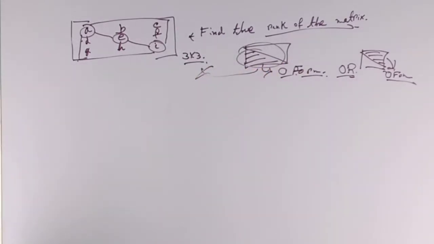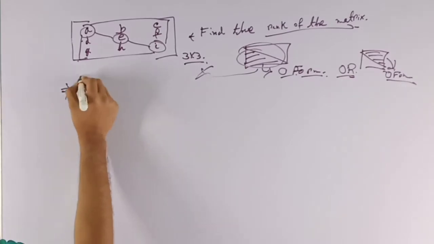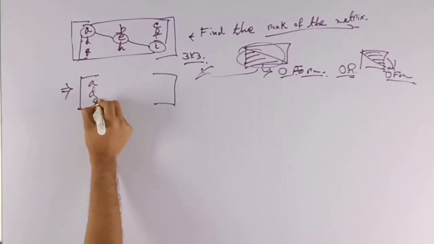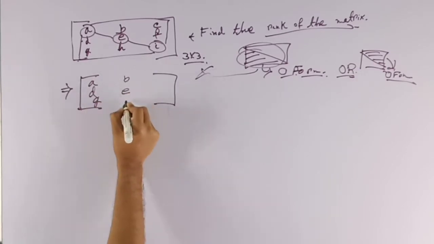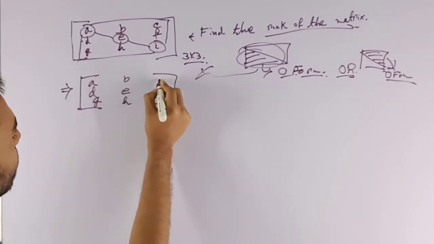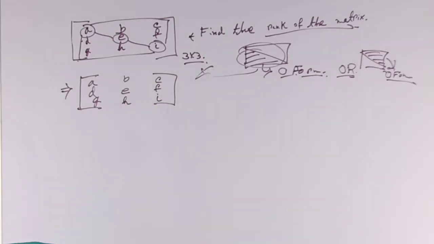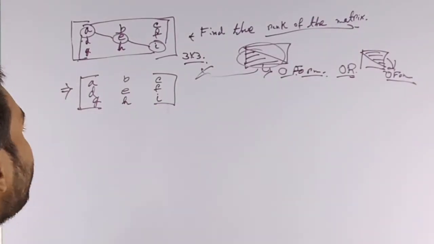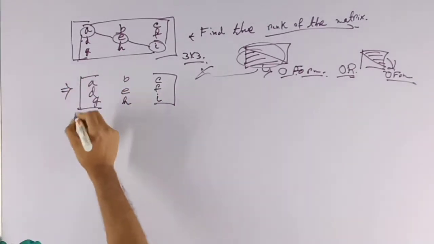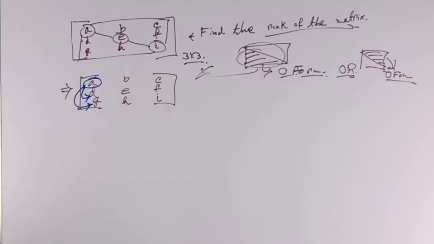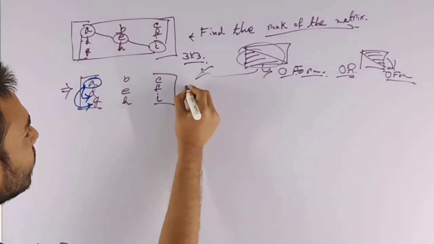Now again I write here the main process: a, d, g, b, e, h, c, f, i. That's it, 9 elements. So the leading element is a, and we interchange d and g.